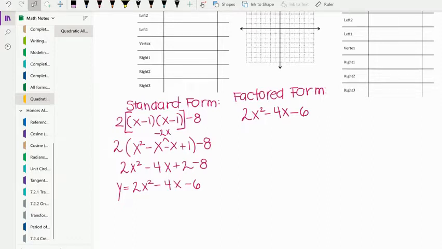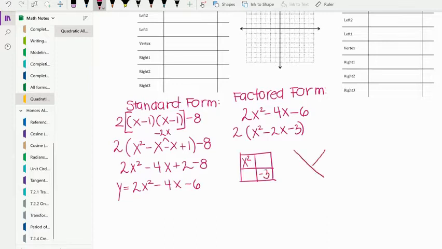So looking at all three terms, we can pull out a 2. So then we would get x squared minus 2x minus 3. From there, that's where you can make your box. So in the top left, we would put x squared. Bottom right, we would put negative 3. Then you can go to your diamond.